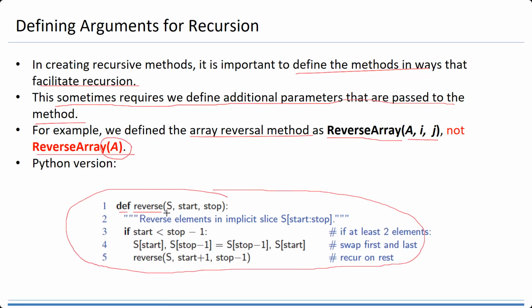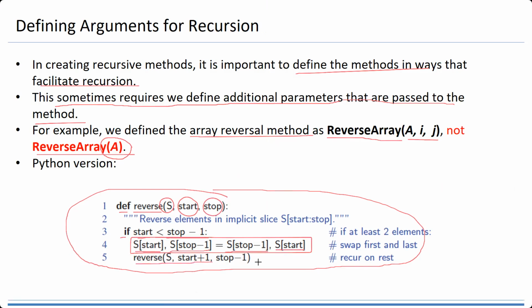We have def reverse. S is the sequence or the array, and then we define the starting index and the stopping index. If start is less than stop minus 1, then let's do this one. So this is the swapping. The start will take the value at stop minus 1, and the stop minus 1 will take the value at start.